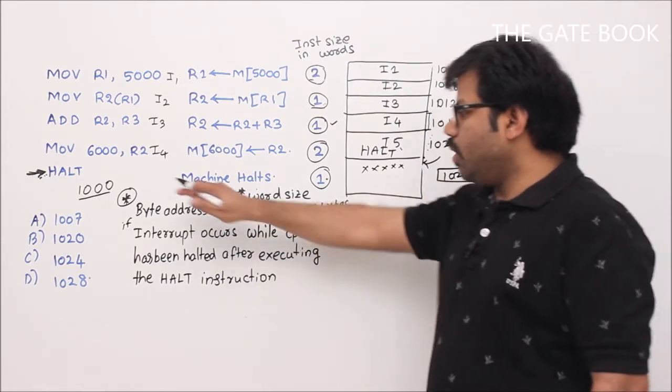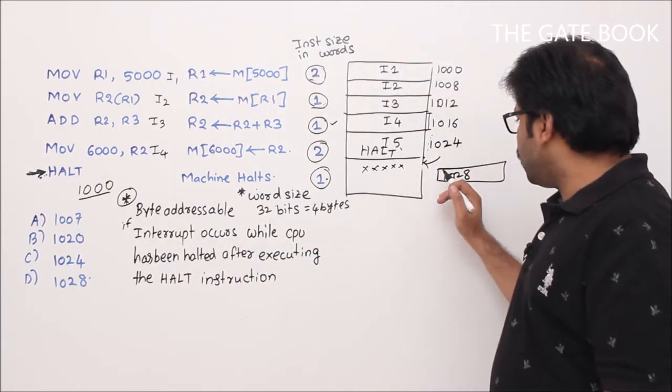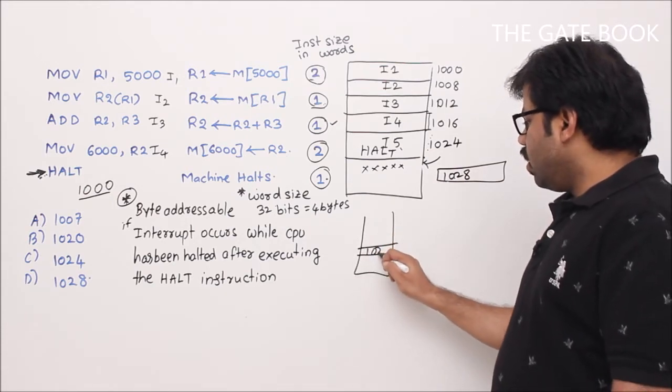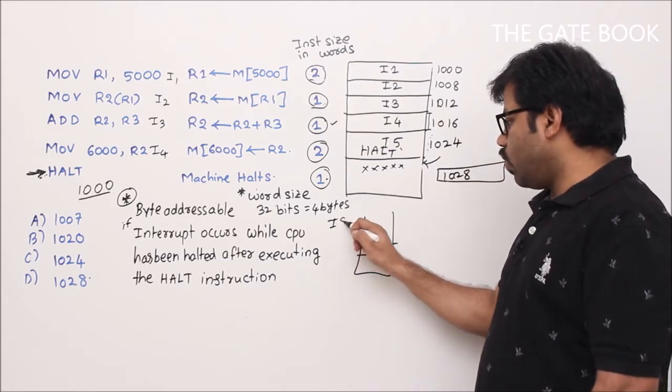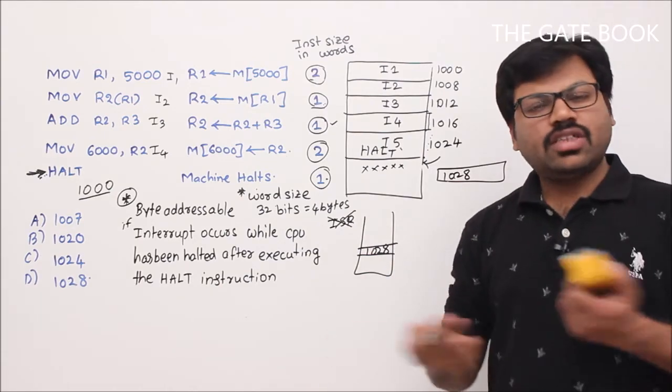Now, at that time the interrupt came. What do we have to do then? We have to push this 1028 into the stack, correct? So that once the interrupt service routine is executed, we can come back to normalcy, right? What is normalcy here?